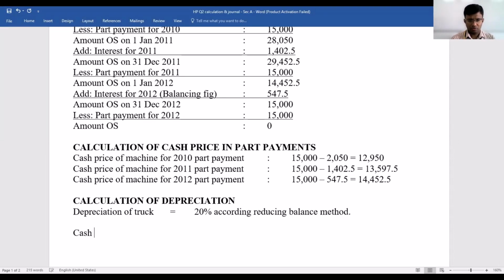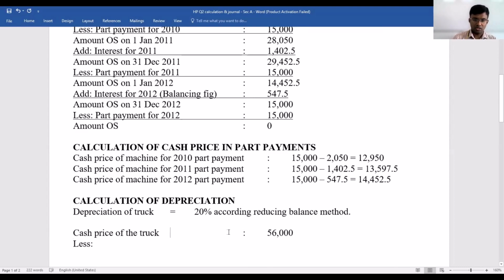So let's start off with the cash price of the truck. The cash price of the truck is 56,000.